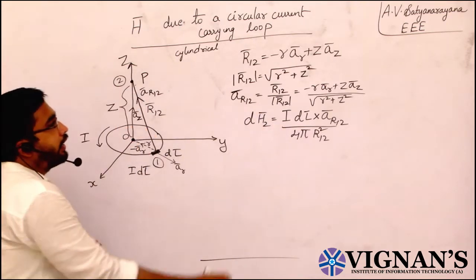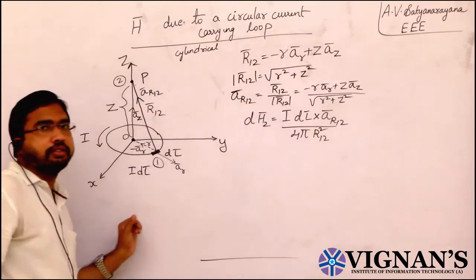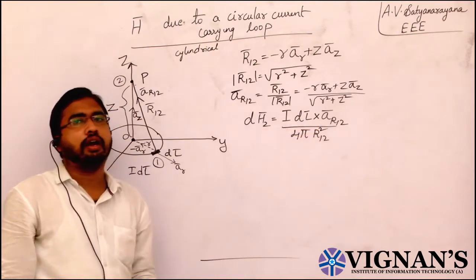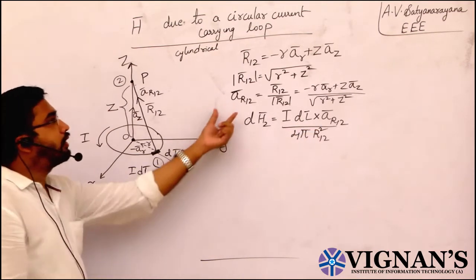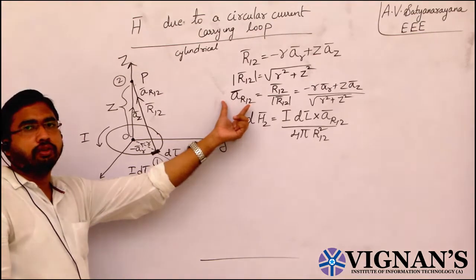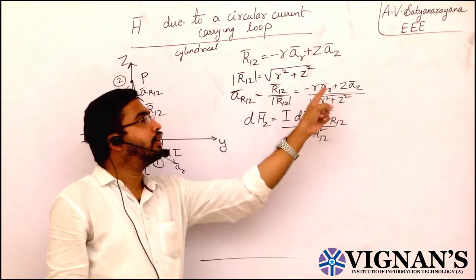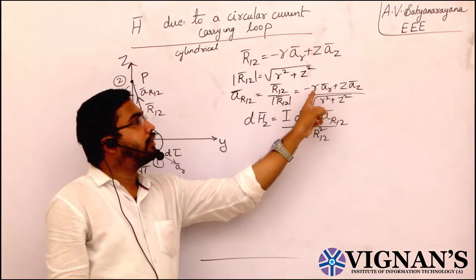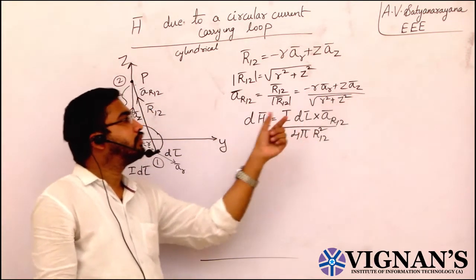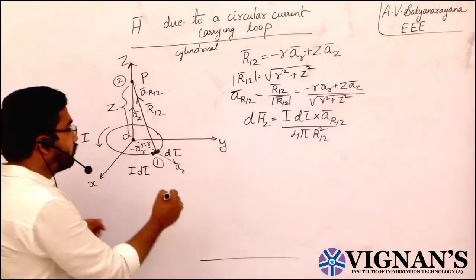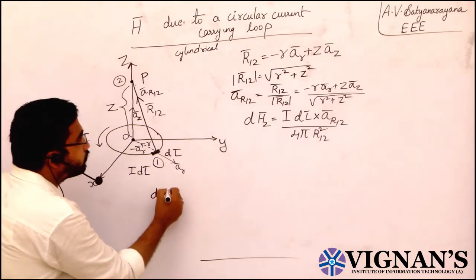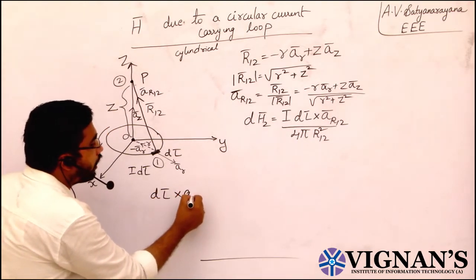So let us find the cross product dl bar cross ar12 bar. Already we know the expression for ar12, which is the unit vector. What is the unit vector? Minus ar bar into r plus z az. So find the cross product value, your dl bar cross ar12 bar.